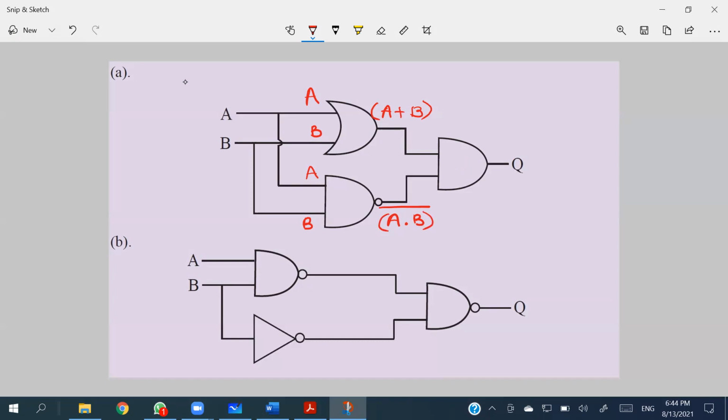So Q is going to be A plus B, that is one input, and A dot B total bar, that is another input. And in between these brackets, there should be a dot because this is an AND gate. You can write this using the dash as well, like this: A plus B dot A dot B dash.